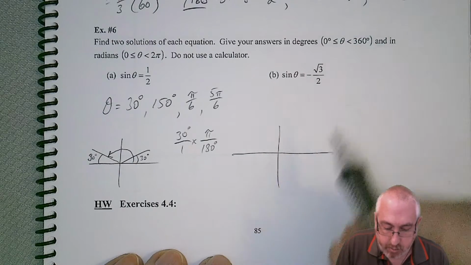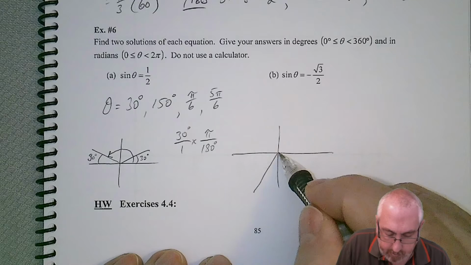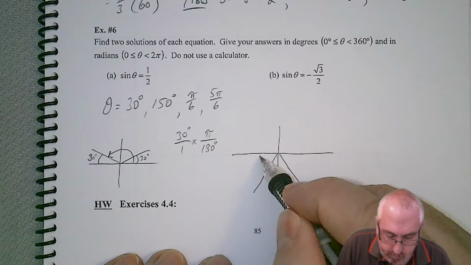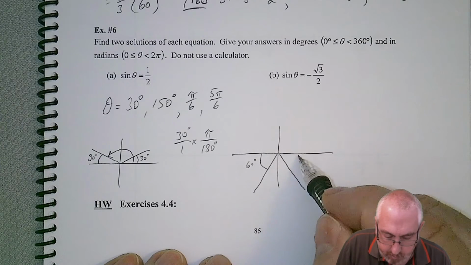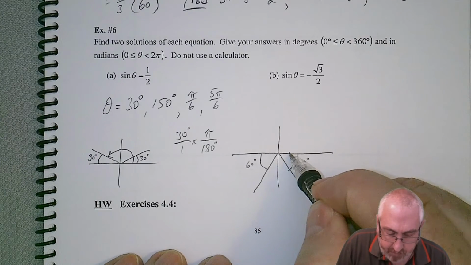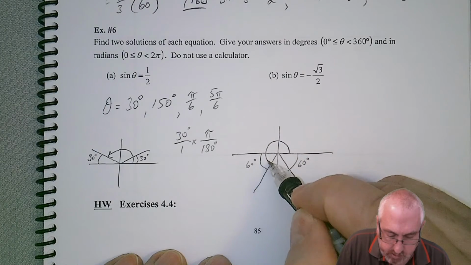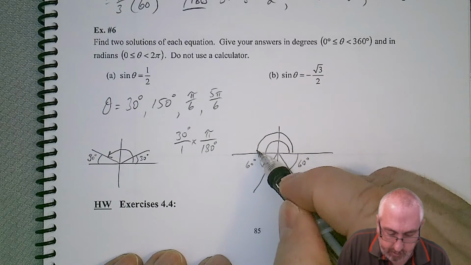So 60 degrees, so we're going to probably have something that looks like this and like this. So again, this is going to be 60 degrees. This is going to be 60 degrees. So we have to figure out what are these two angles. What's this angle? And what's this angle?